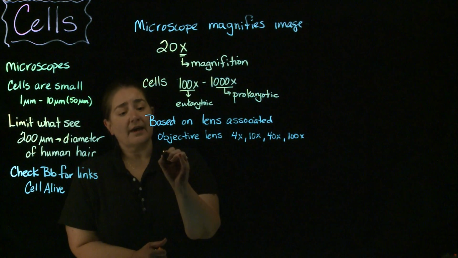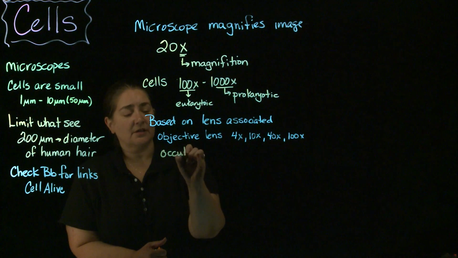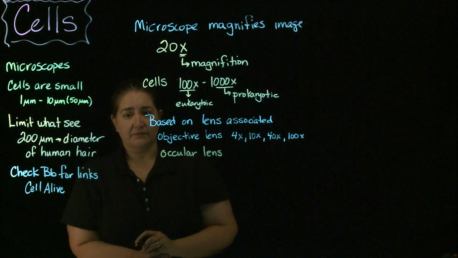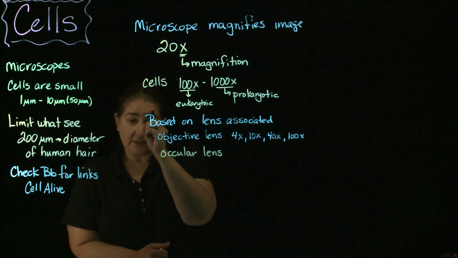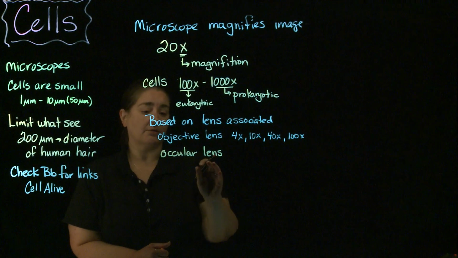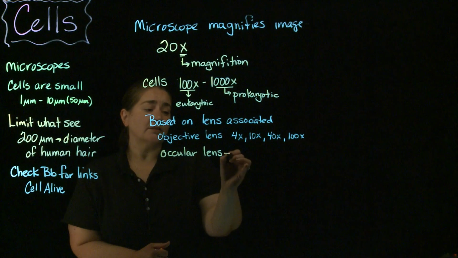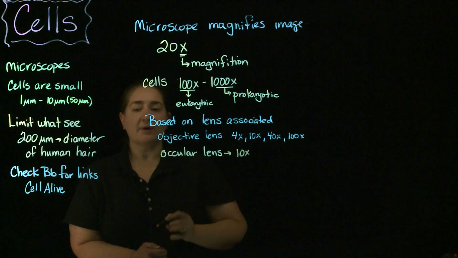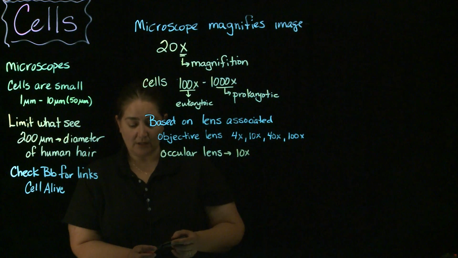But we also have, I'm going to put it in a different color, an ocular lens. And that ocular lens is going to be the lens that you look through to be able to see the cells. Okay? The ocular lens, for most scopes, is usually about 10x. Okay?